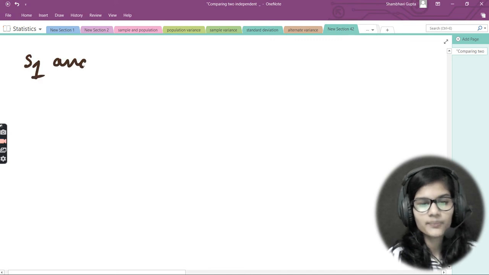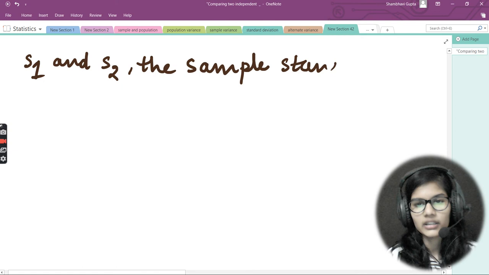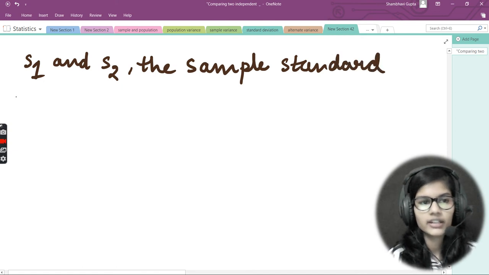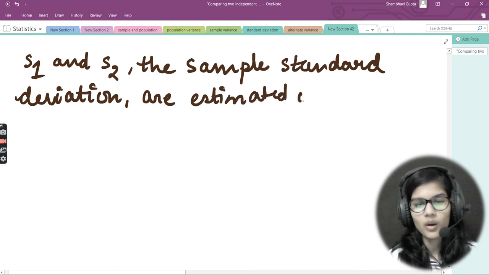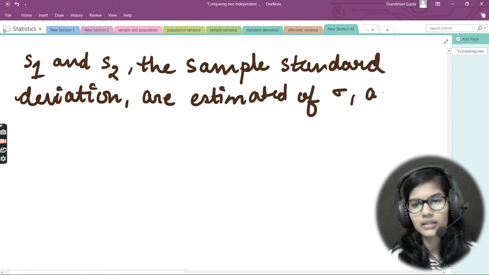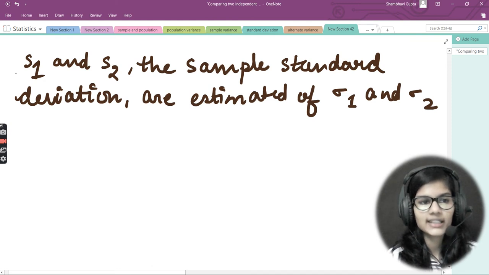So I would write s1 and s2. These are the sample standard deviations, and basically they are estimates of sigma 1 and sigma 2.